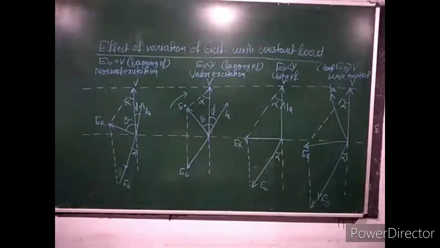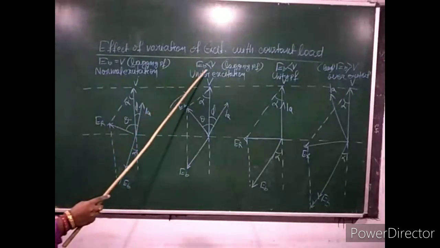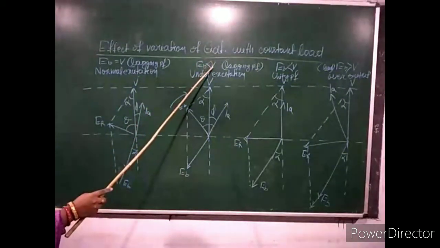So here I have drawn the 4 phasor diagrams. This is for the normal excitation condition, which means both AC supply and DC supply are given to the motor. This one is the under excitation case, meaning the back EMF is less than the applied voltage.